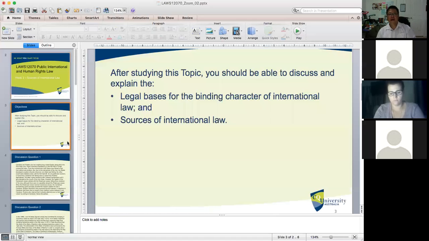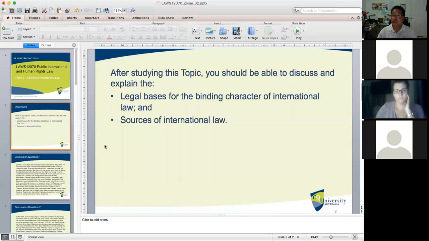Okay, so moving on. After studying this topic, you should be able to discuss and explain the legal basis for the binding character of international law and sources of international law. And as a backdrop to provide the context, if there is an international law dispute, you obviously need an international tribunal to be able to adjudicate that dispute or controversy on the basis of some law, right?